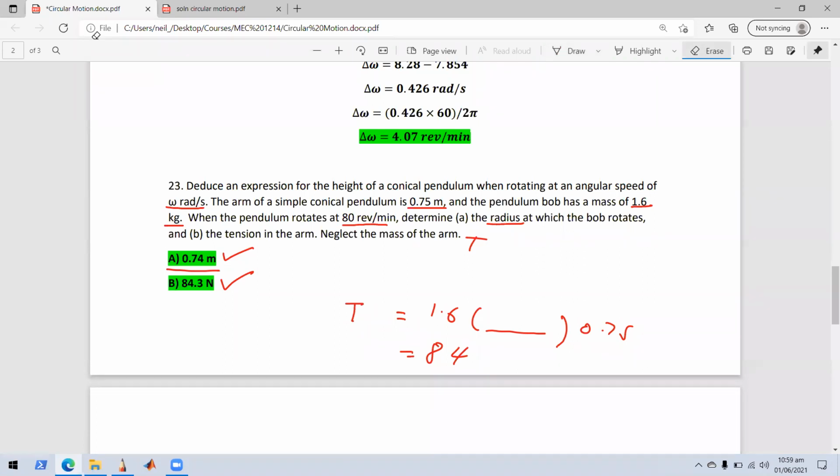The logic was to find the omega, multiply that by 9.81, and add the 1.6, which is the mass, and got my 83.8.